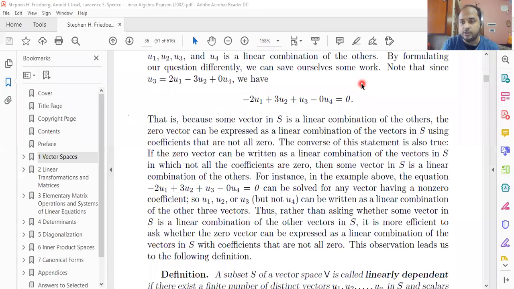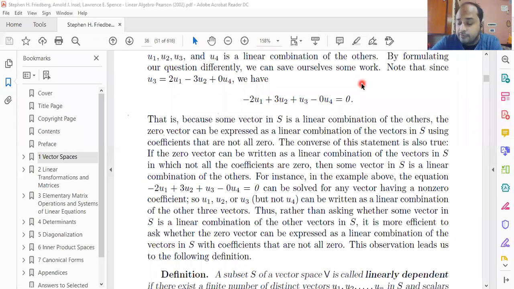One coefficient is 2, another coefficient is -2. But if we add them together, we get the result 0. So in vector spaces, to get the zero vector, we don't always have to consider zero coefficients. We can consider non-zero coefficients. Some coefficients may be 0, some may be non-zero, but the resultant can still be 0.